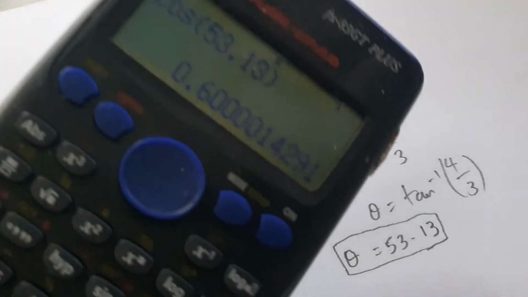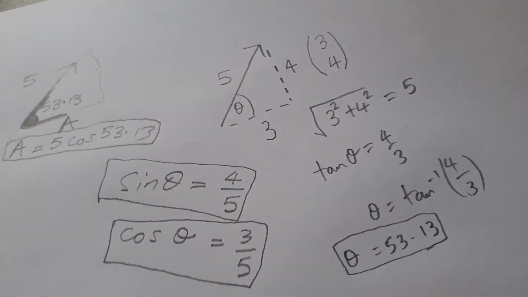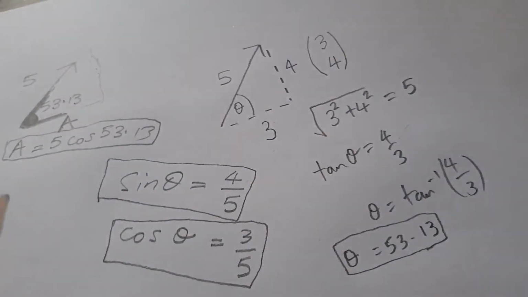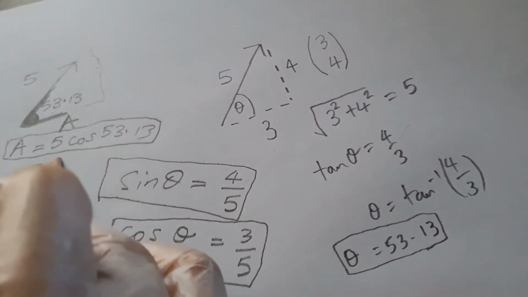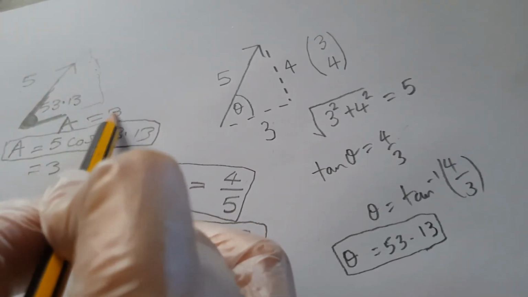So cos of 53.13, you get 0.6, and 0.6 times 5, so multiply that by 5, you get 3. So you have 3 as your adjacent. So A is equal to 3.